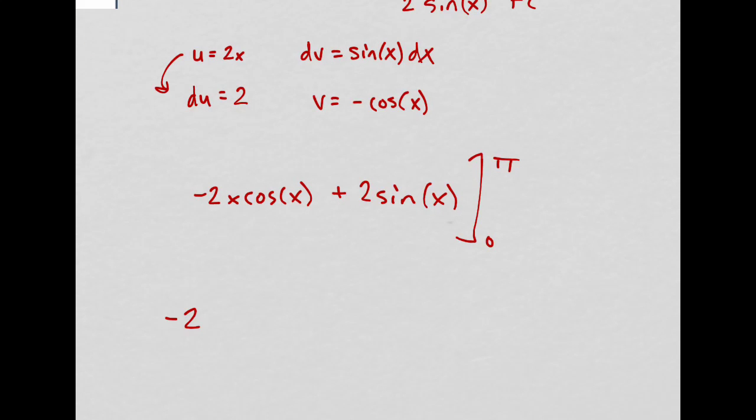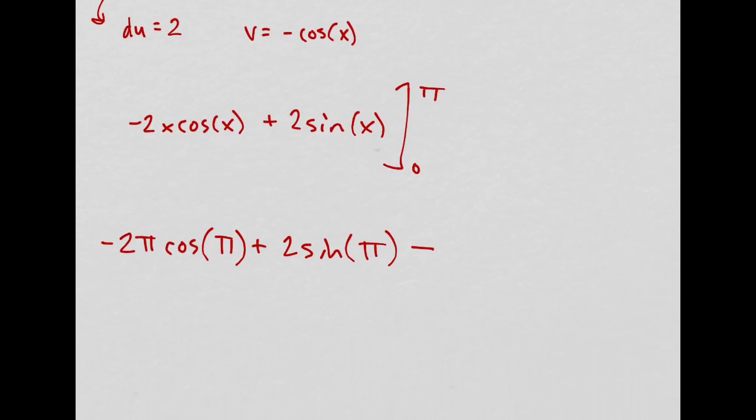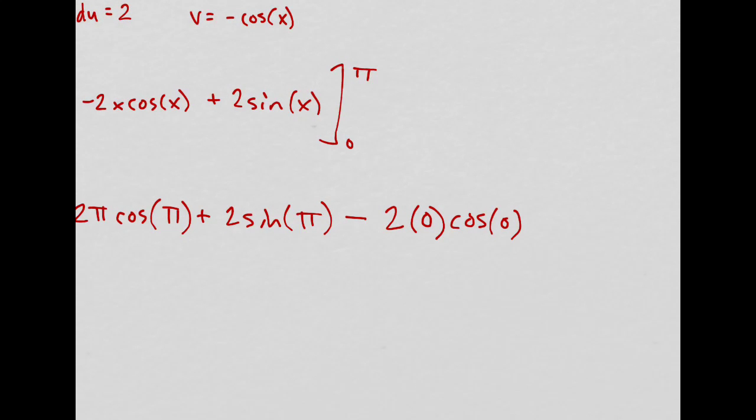So you plug in the pi first, so that'll be negative 2 pi cosine of pi plus 2 sine of pi, minus 2 times 0 cosine of 0, those will go away, plus 2 sine of 0.